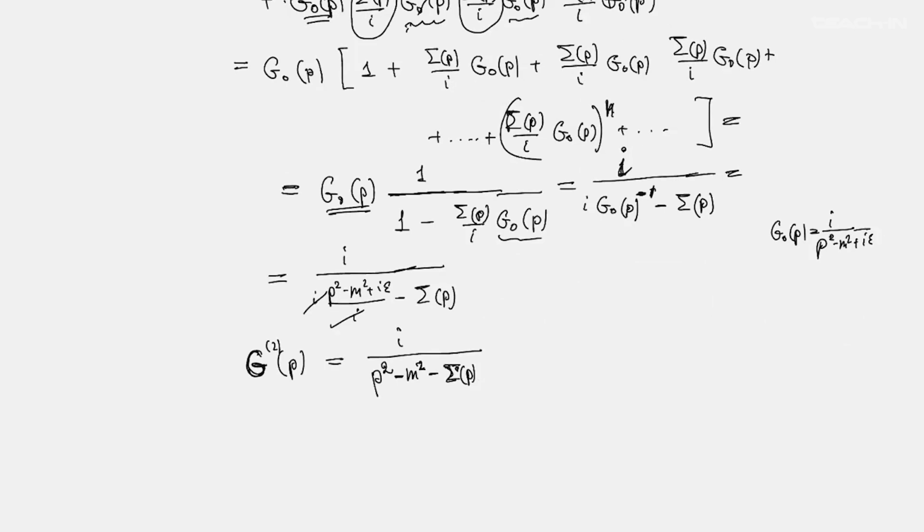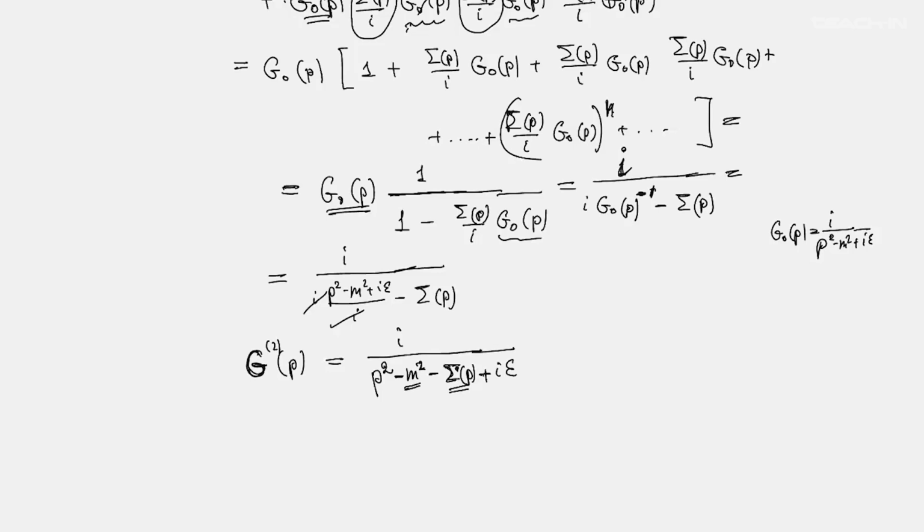So what do you see from this expression? You see that actually the pole of the full propagator gets shifted by the amount which comes as a sum of all one particle irreducible graphs. In other words, a proper self-energy.